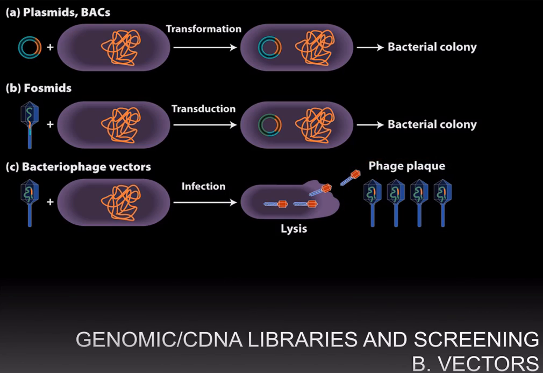So there are different vectors, and depending on the application, we may choose different ones. If the DNA insert is small, we may choose plasmids or bacteriophage vectors. But if our inserts are big, such as when we are making a genomic library, then we may want to choose BACs or fosmids instead.